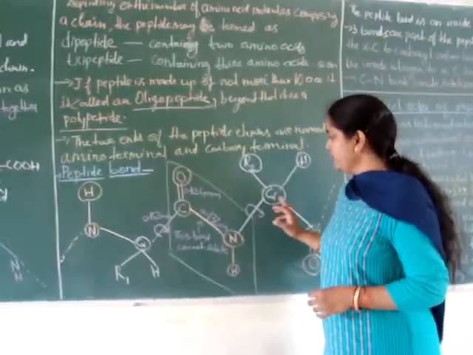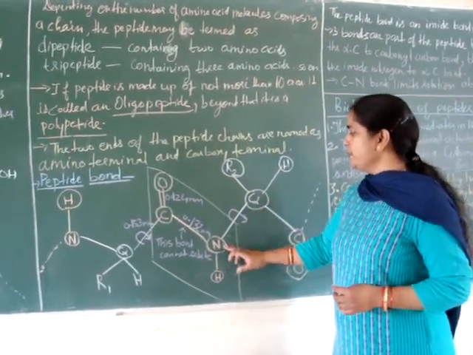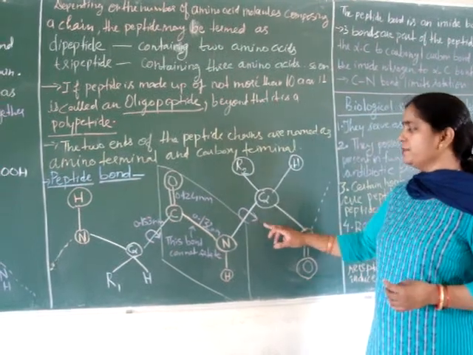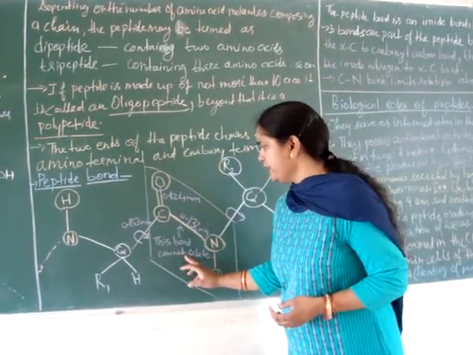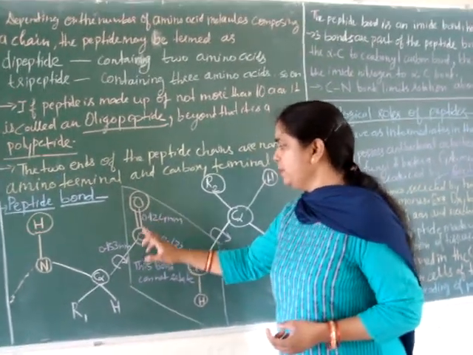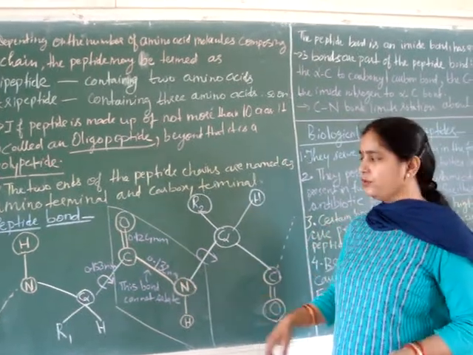Now you can see here the bond present between the amine nitrogen and the alpha carbon atom can also rotate, but the bond present between carbonyl carbon and amine nitrogen cannot rotate. Why?